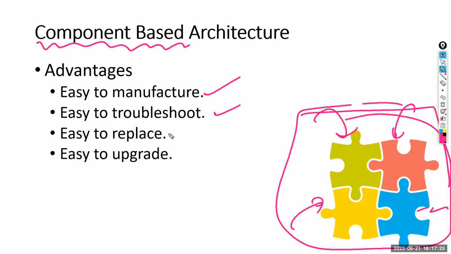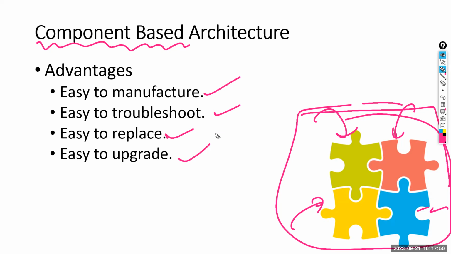And also easy to replace. If the hard disk is corrupt, it takes only a few minutes to replace it. It's not like a vehicle where you keep it in the garage for weeks. And it's easy to upgrade. If you feel like RAM is not enough, say you have 4 GB, you can upgrade it to 8 GB.